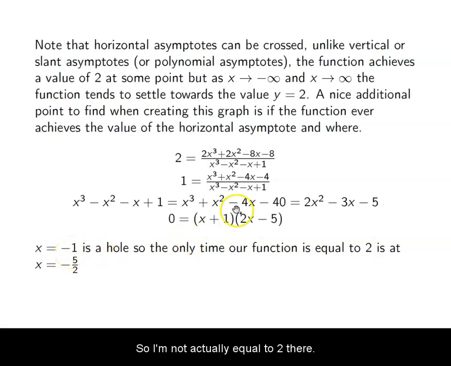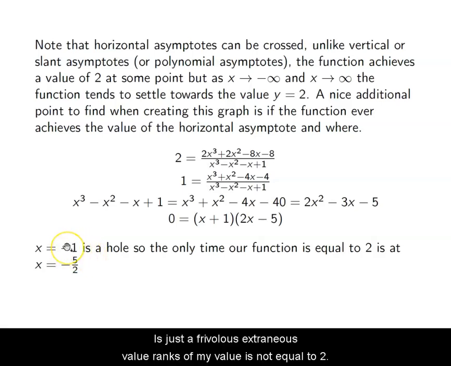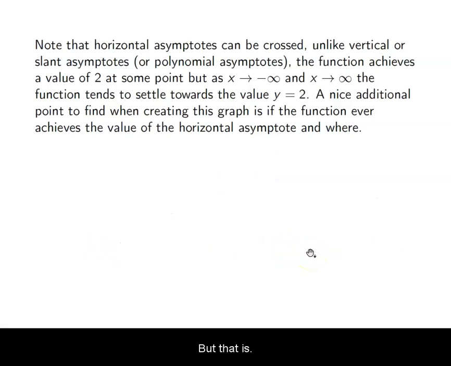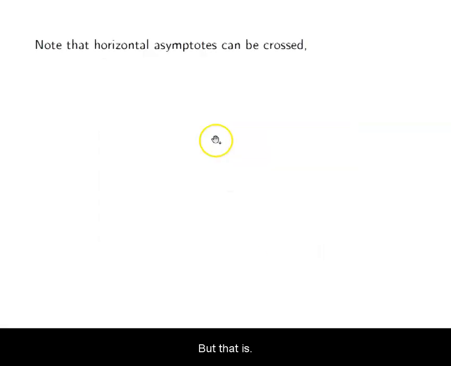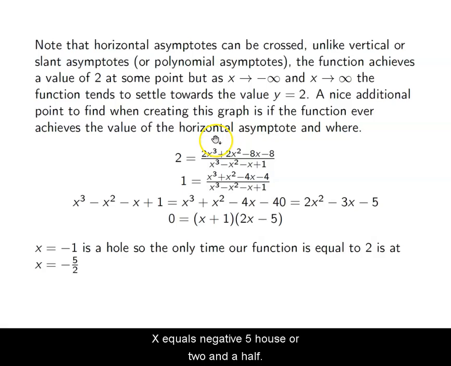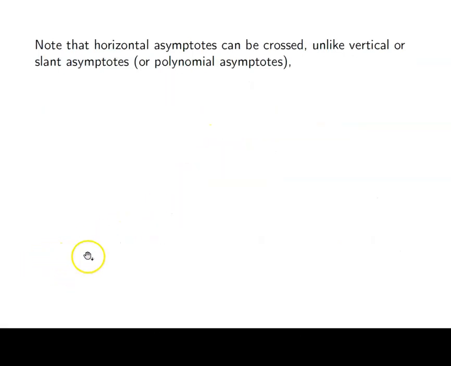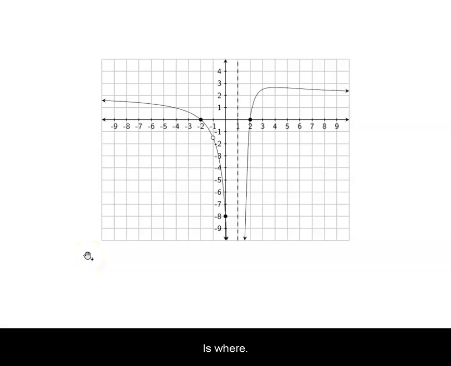So I'm not actually equal to 2 there. It's just a superfluous extraneous value, right? So my value is not equal to 2, but that is a hole in my graph. So I don't have to worry about that. Okay. But x equals 5/2 or 2.5 is where, if you notice, I'm equal to 2.